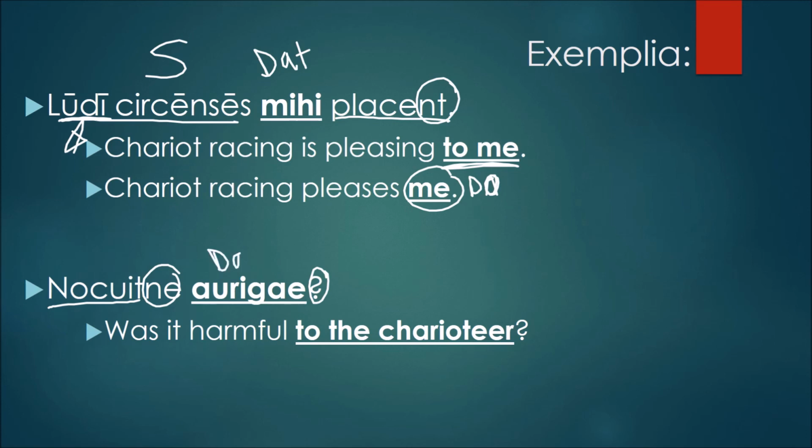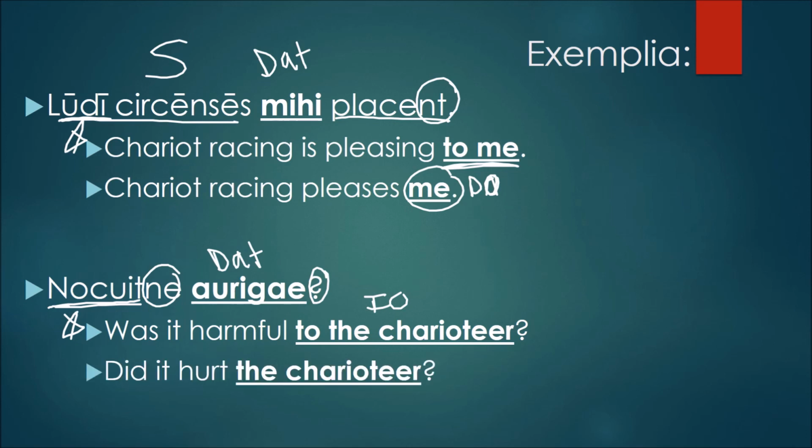Once again, auriga needs to be in the dative case because of our special verb nocere, and so our first translation is the more literal one, which allows for the translation of an indirect object in the English. Alternatively, and just as correctly, we could translate this as, did it hurt the charioteer? Where in English, we're translating this as if the charioteer directly receives the verb's action.